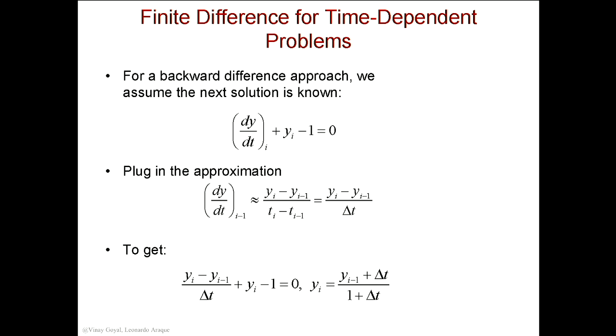In a very similar fashion, I can plug this in here, and when I do that, I can now solve for yi, the value of yi. What you notice here is I had to divide by 1 plus delta t, which I did not have to do previously. So it's a slight difference between the two methods.